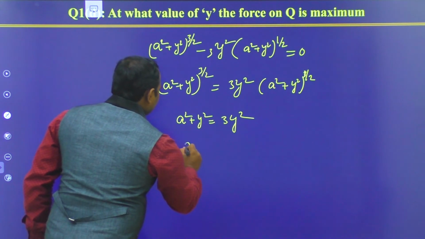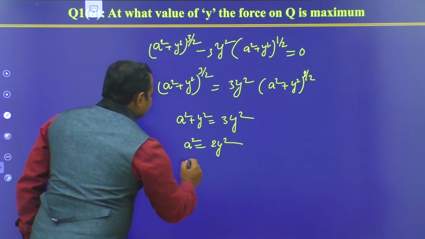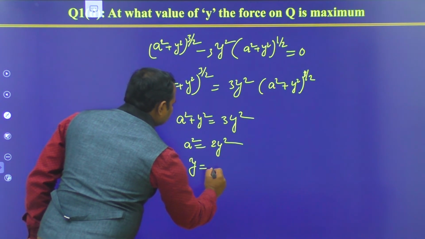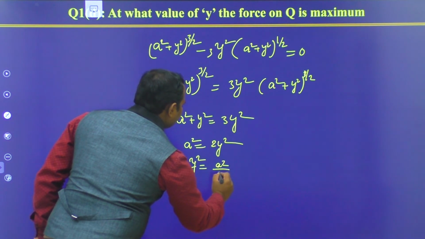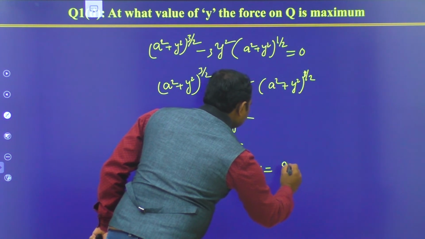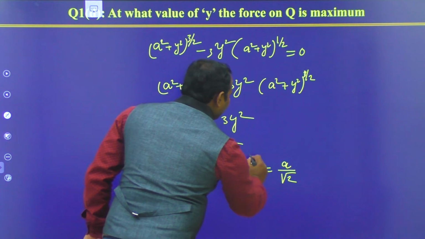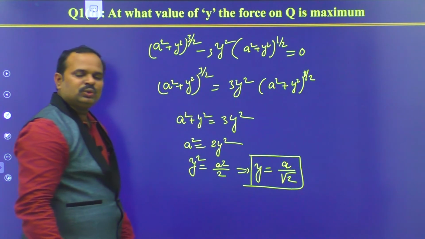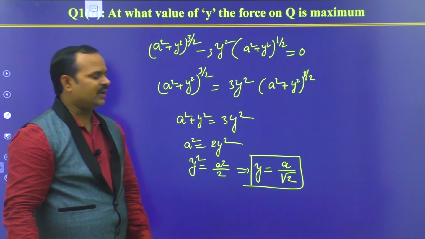So then a² is equal to 2y², then y² is equal to a²/2, then y is equal to a/√2. That means at y equal to a/√2 distance, the force becomes maximum value.